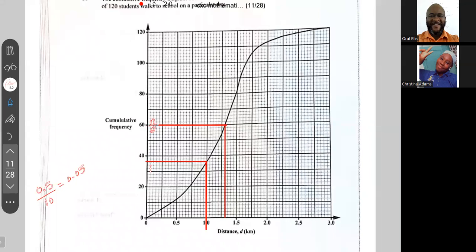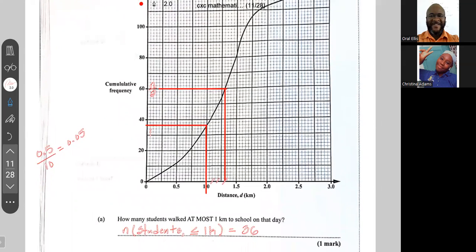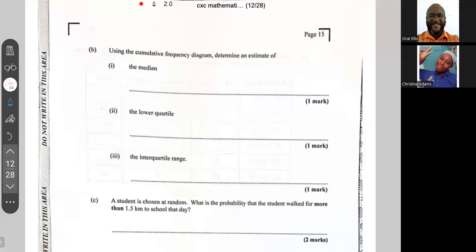Each of the divisions is 0.05, and every 2 of them is 0.1. So this is 1.1, 1.2, this is 1.3. So the median is 1.3 kilometers.